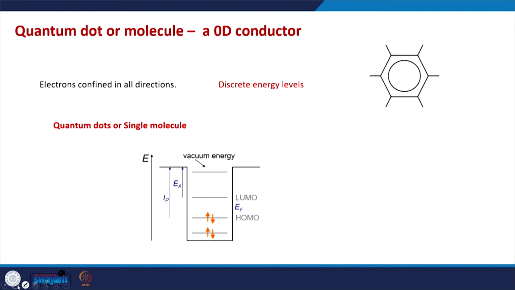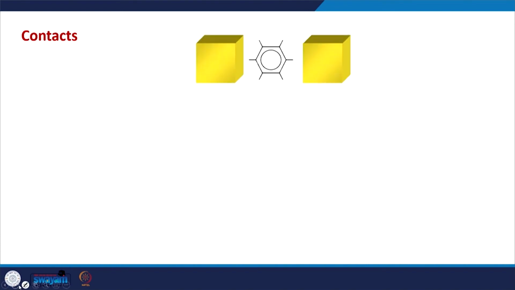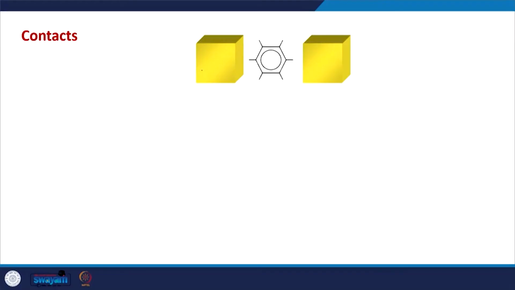Now, in devices, we need to put these quantum dots between two contacts, between the metal contacts essentially. And as usual, these contacts are bulk and metallic contacts. Fabricating these devices is an entirely different method, so we will not go into that here.